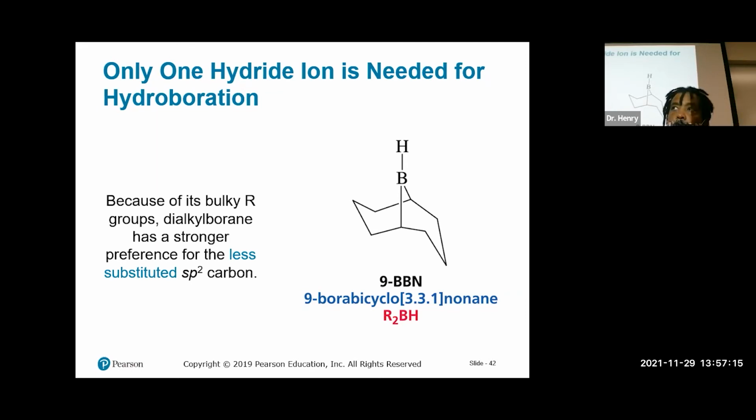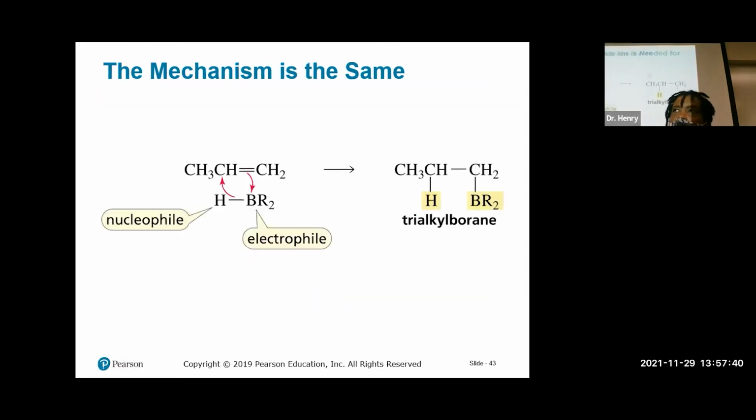So the boron here is going to have a preference for this spot rather than closer to that 3,3 point or anywhere on that 3,3 point, because you're going to have more steric hindrance there compared to what you're going to have in the center. Does that make sense? Okay. And that's the purpose of that.